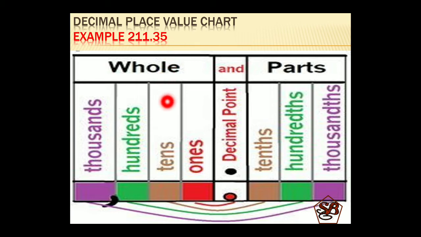If we put this in the place value chart, the numbers will appear like this. 1 in 1's place on the left hand side of the decimal, 1 in 10's place and then 2 in 100's place. Moving towards the right side of the decimal, 3 at 10th place and 5 at 100th place.